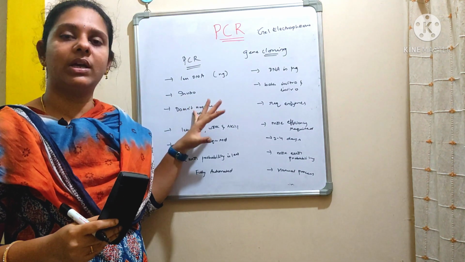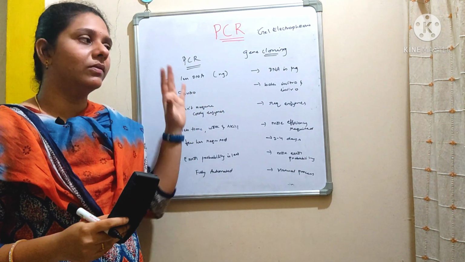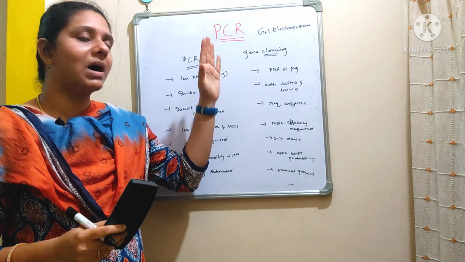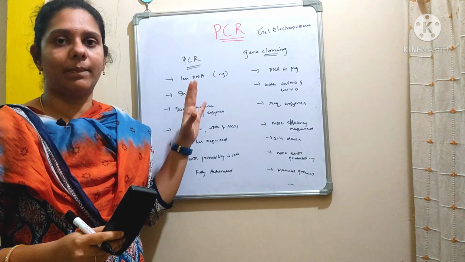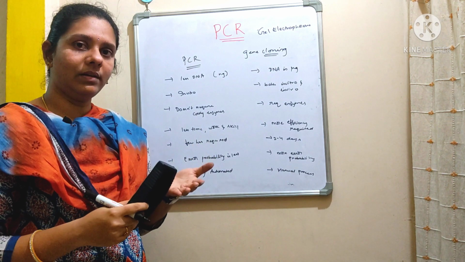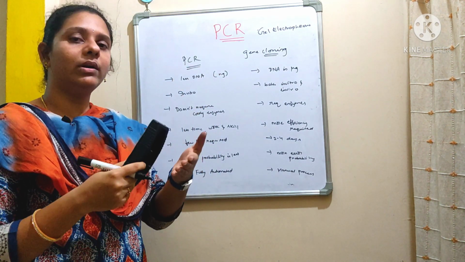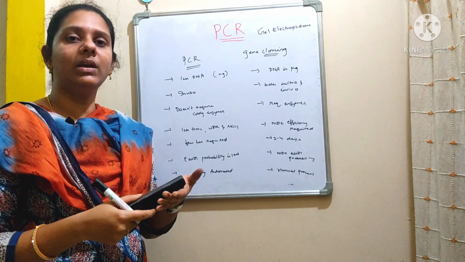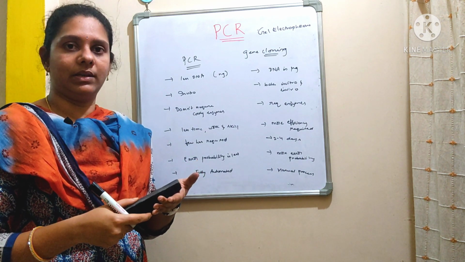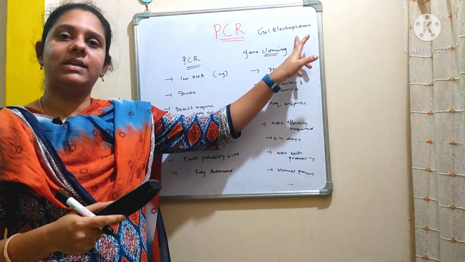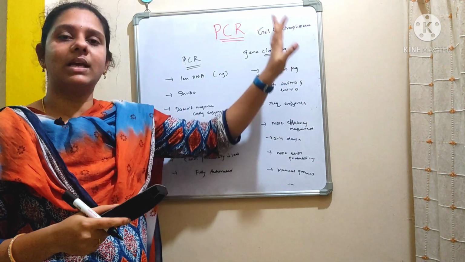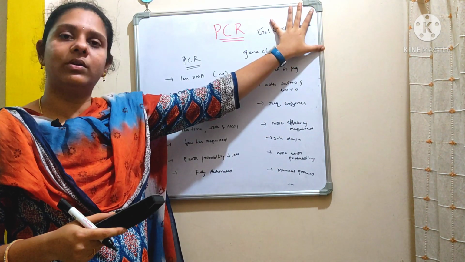In that way you check your PCR product. For that reason you run a marker along with your DNA sample, and once you are done casting and running the gel, you place the gel under a UV transilluminator and visualize the DNA bands using this electrophoresis technique, which I am going to discuss in my next video.